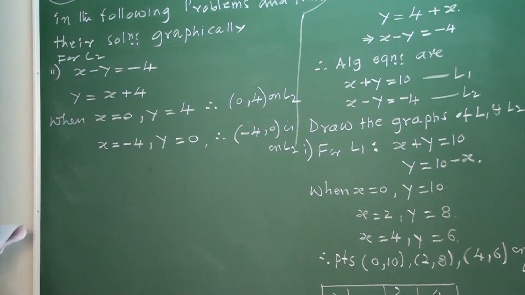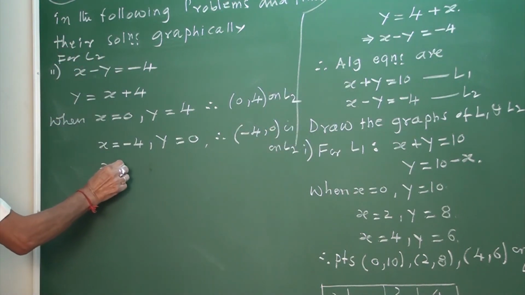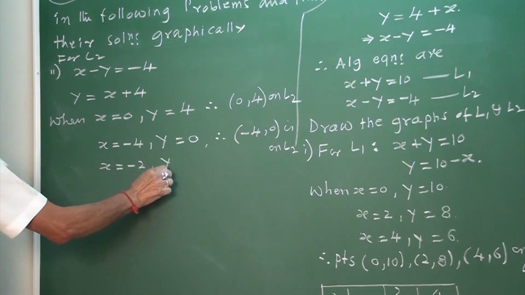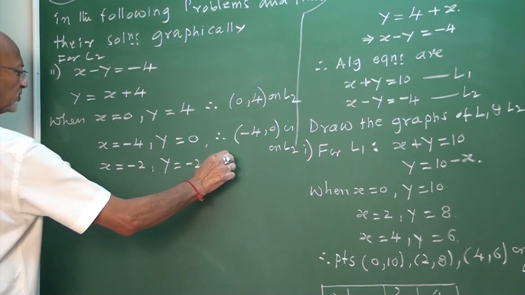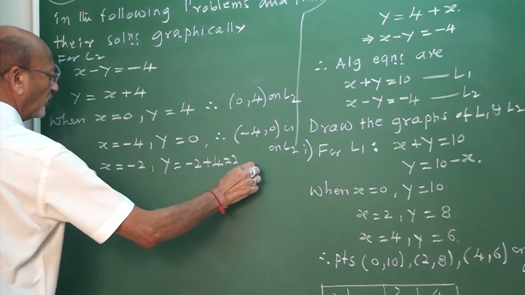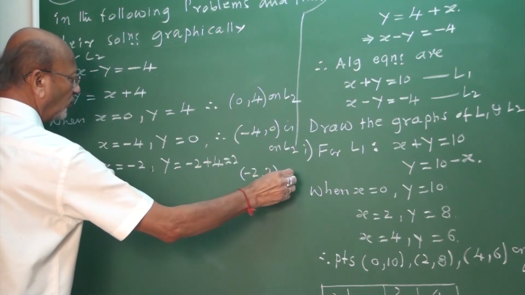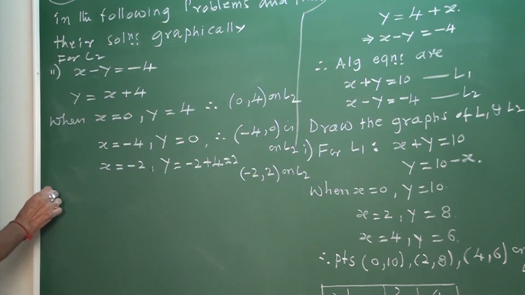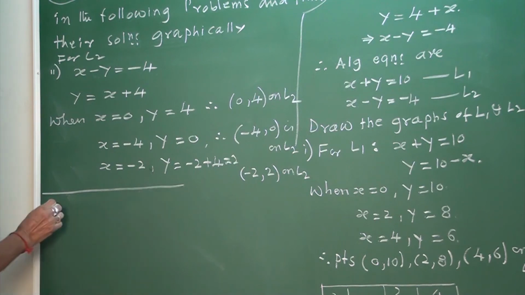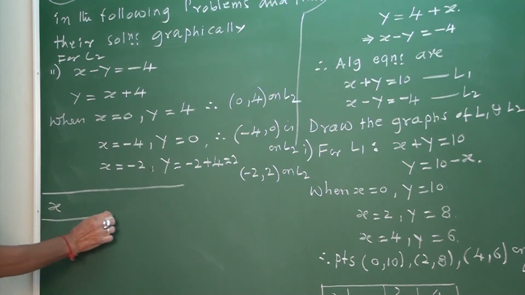Similarly, one more point, when x is minus 2, what about y? y is minus 2 plus 4, which is 2. So, this point minus 2, 2 is a point on L2. This is the tabular form. My friend, this is x, this is y.